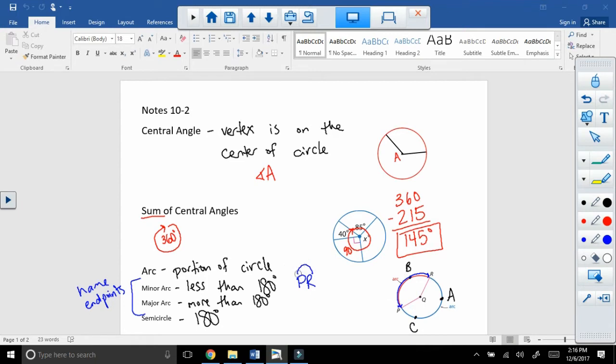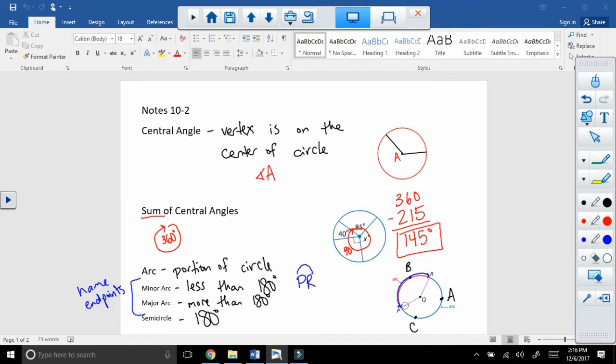And again, make sure you label this, because if you don't, you might think it's the line segment going through, that chord. We're going to be talking about different parts of the circle and different sections, so just make sure you're being specific when you name that. If it's the major arc, though, you can't just use those two, because if you just have two, that's the short way.